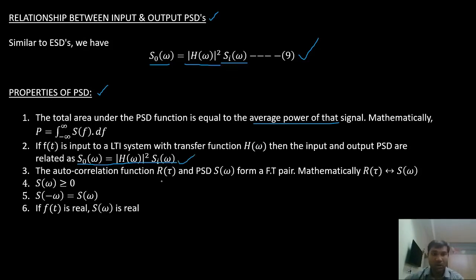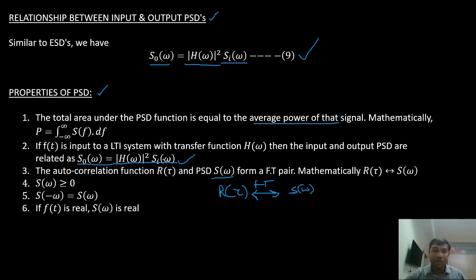Then the autocorrelation function. The autocorrelation function R of tau has a Fourier transform S of omega.